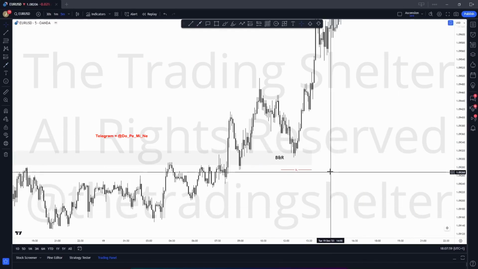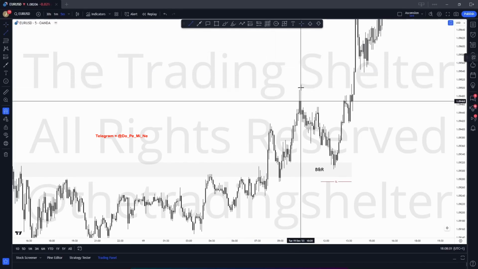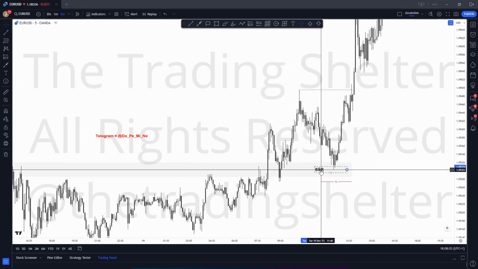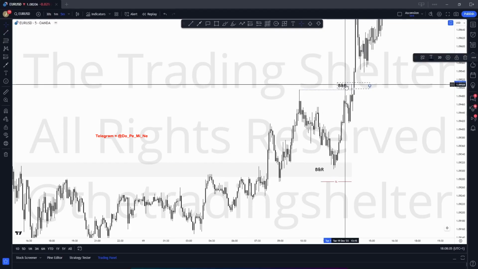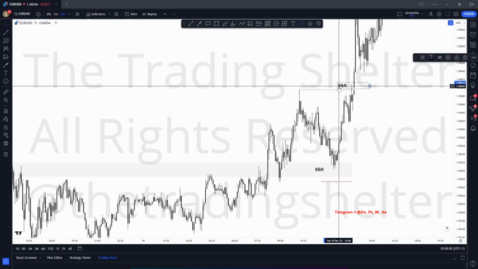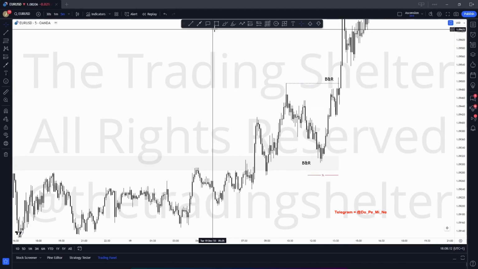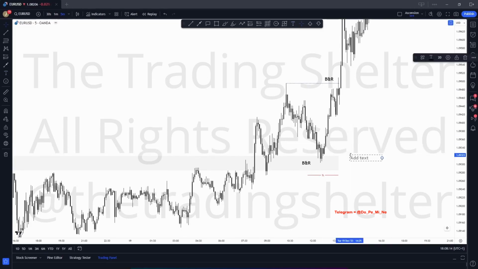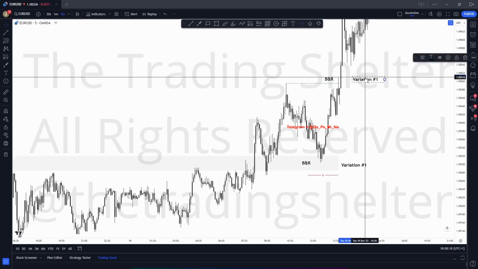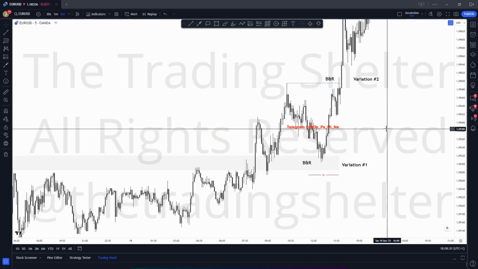Okay. Now remember, when price breaks the high, we also have break and retest traders entering here. So that's really important that we understand the two variations, all right? So variation 1, okay, and variation number 2.